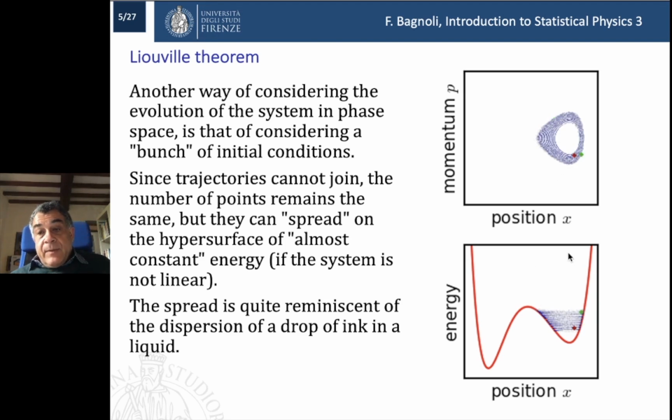In this case, we can see that we have a double well potential. We start with a bunch in the phase space. It means that there is a certain distribution of energy. They cannot cross this energy barrier, so they cannot reach the other minima, but they spread in this interval of energy, so at the end they occupy all possible energy, and we shall try to model something similar to this.